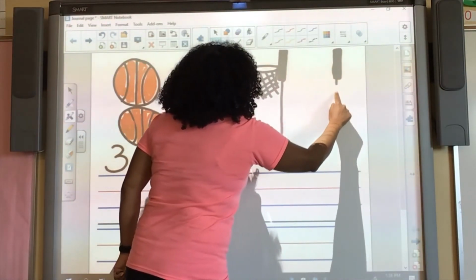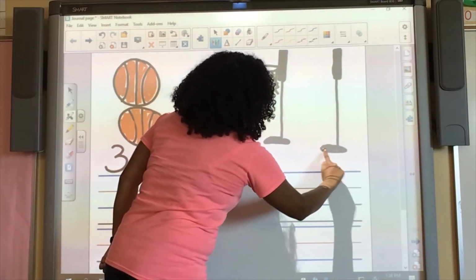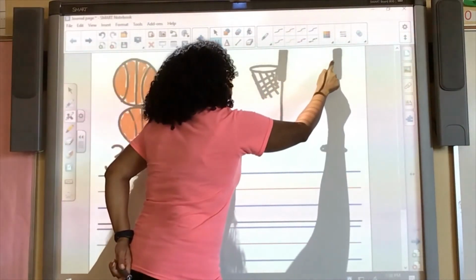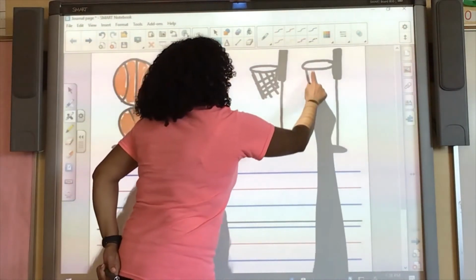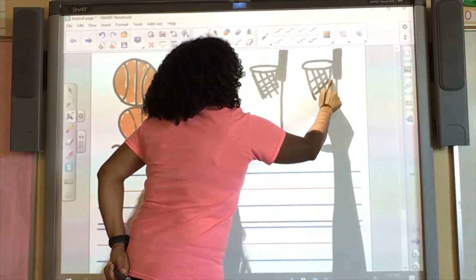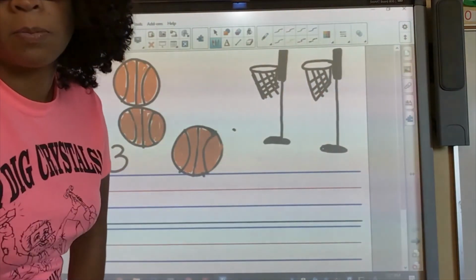And then get the post. And then the weighted base. Now let's do our net. It's a little oval. And then the string part. And there's our second basketball hoop.